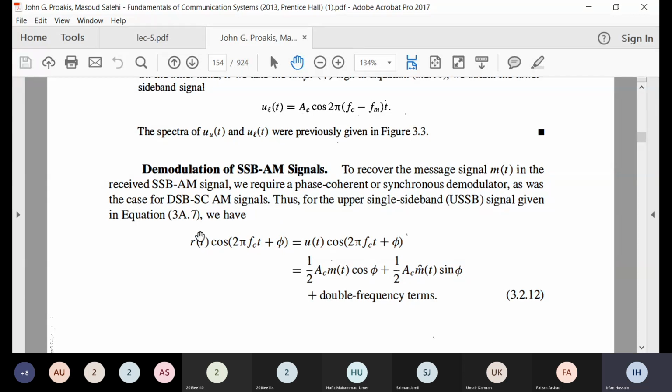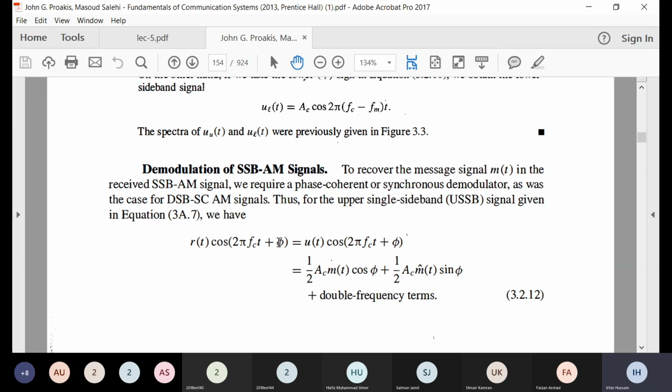This upper is the received signal. It will be multiplied by our carrier at the receiver. This could be a local oscillator generating a cosine of the same frequency as the frequency present in the received signal.